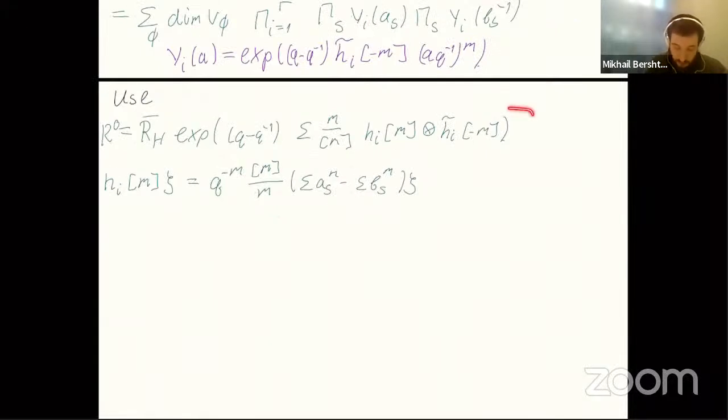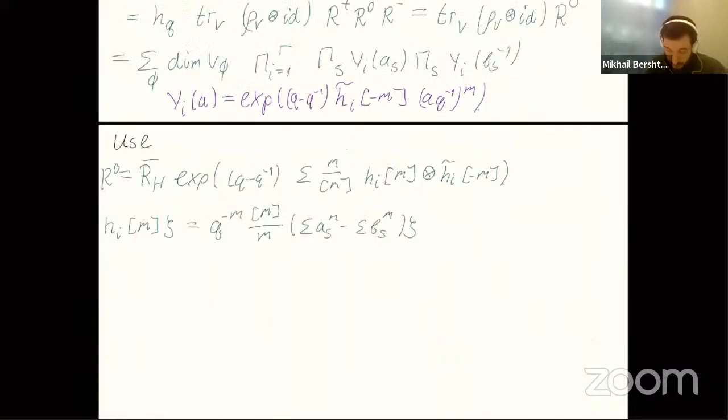So we use these two formulas and replace this h_i,m by this eigenvalue. We have a very nice cancellation.